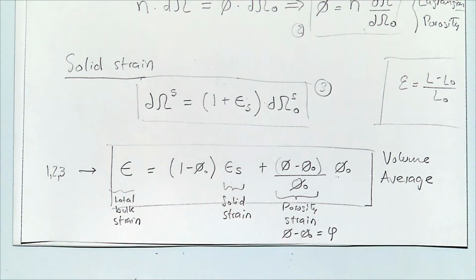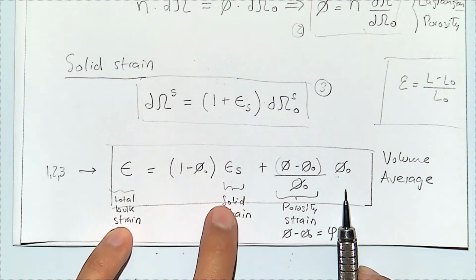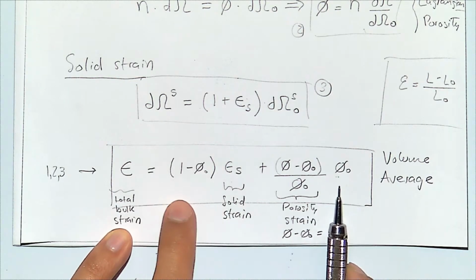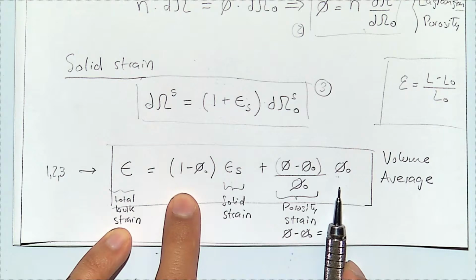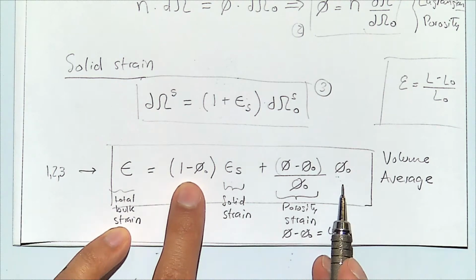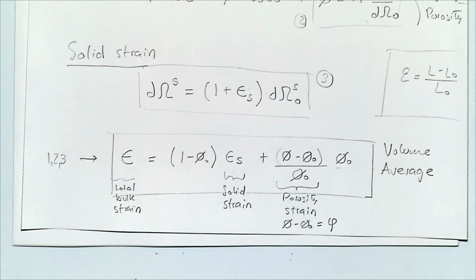So each of these strains, the solid strain and the porosity strain, is weighted by its volume fraction, which in this case are this one and that one. So it's just a simple volume average.